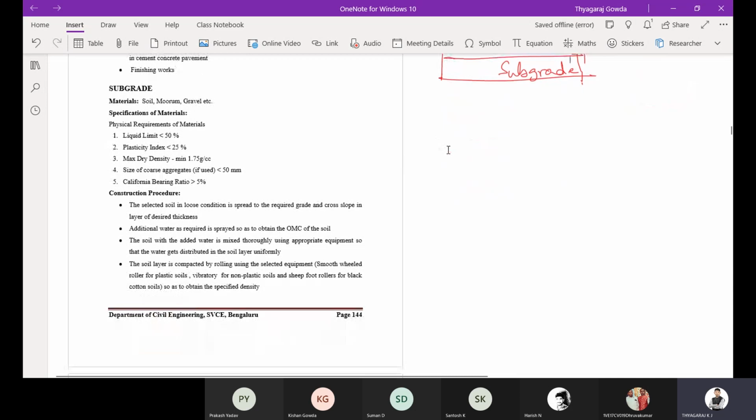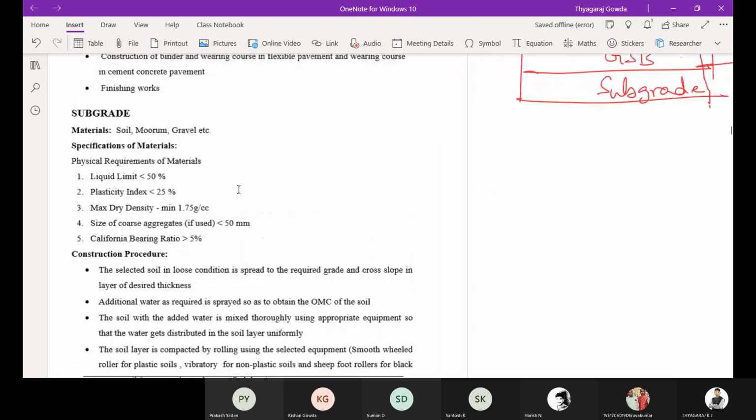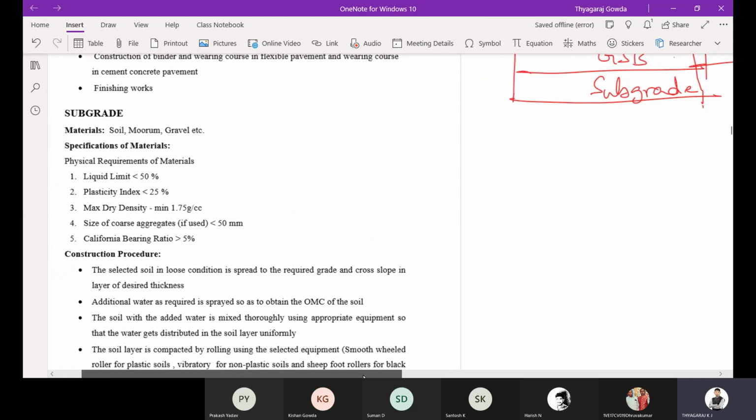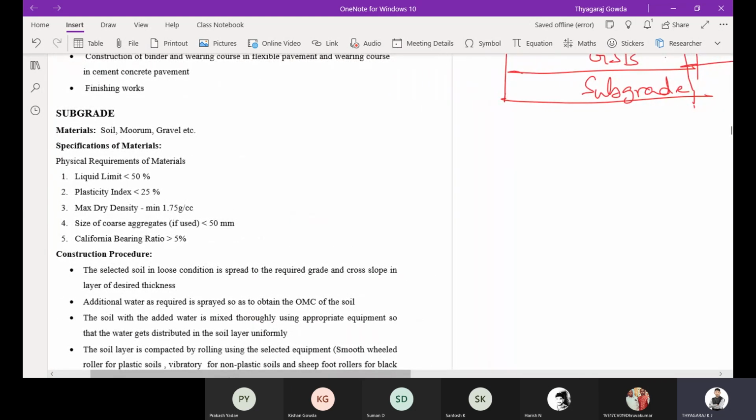The first and foremost thing is subgrade soil. The subgrade is used as the foundation material. Usually the subgrade is constructed as a foundation of the pavement.